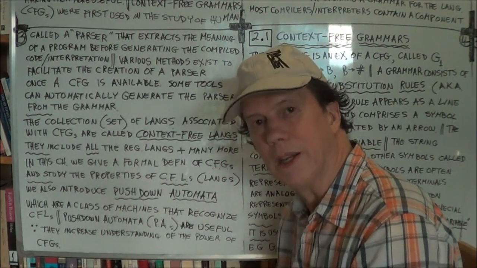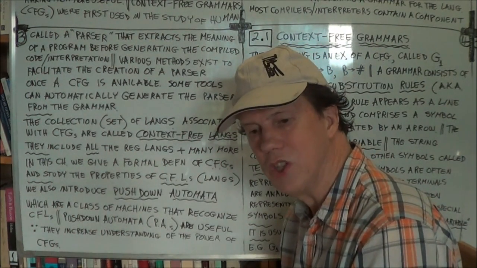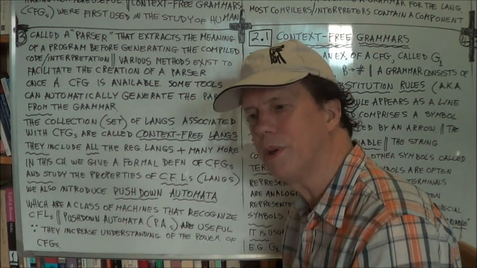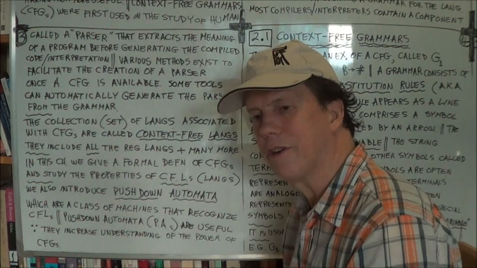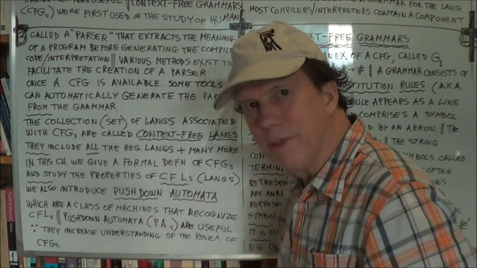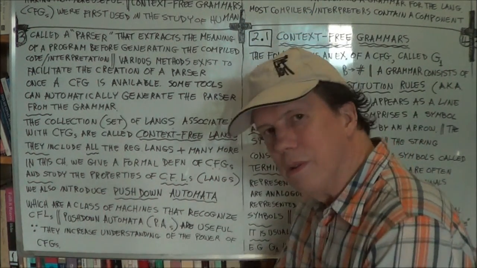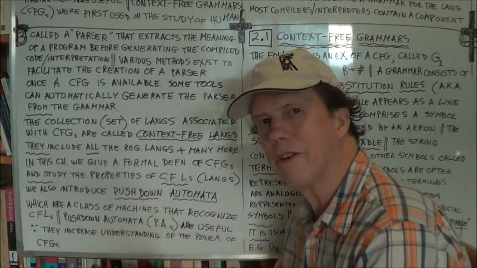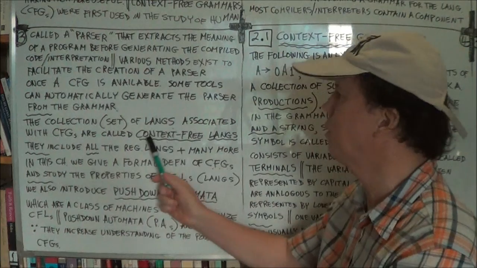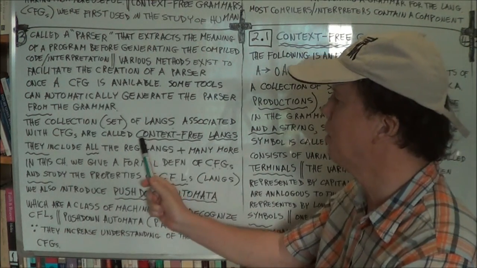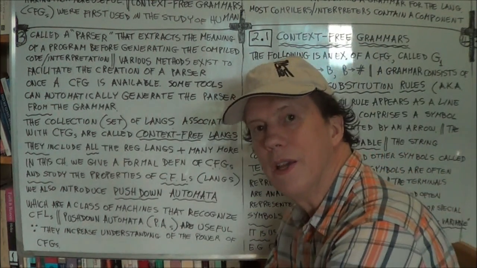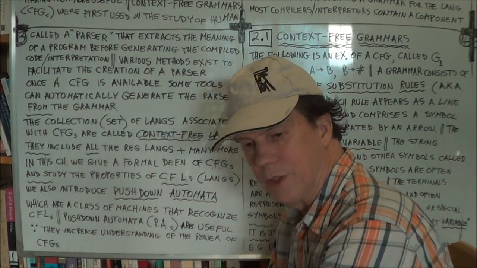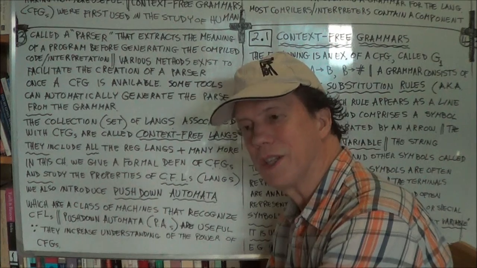CFGs allow more types of languages than just the regular languages. That category of languages is called CFLs, context-free languages. So a context-free language is described by a context-free grammar.